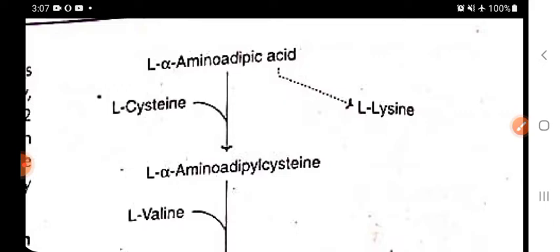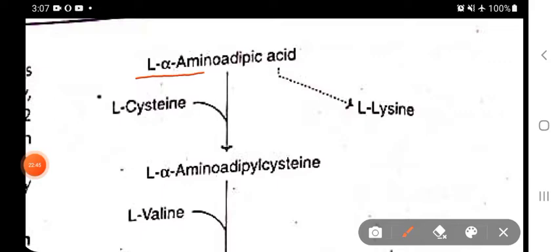So you can see here the name of an acid known as L-alpha amino adipic acid. L-alpha amino adipic acid is the precursor molecule. It is the initiator molecule for your penicillin production, which is found inside the genome of your Penicillium chrysogenum.